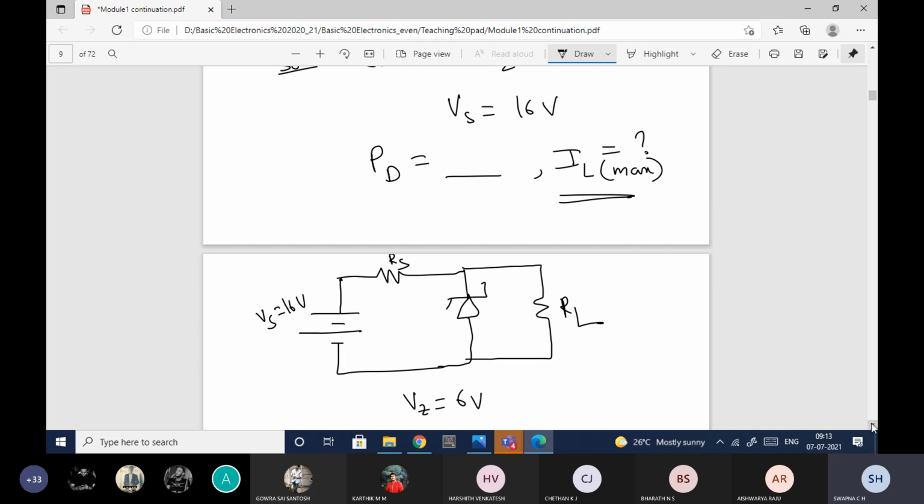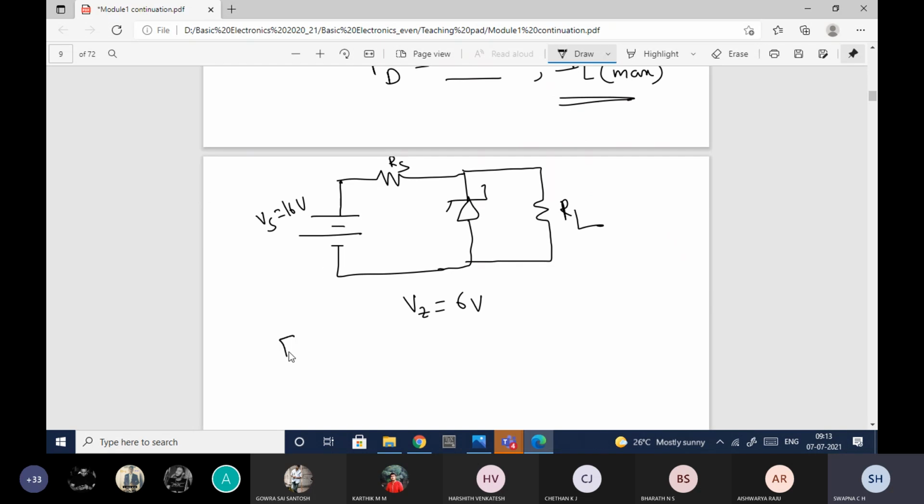From the data sheet, it is found that there is one diode which will provide VZ equal to 6.2 volts. Others are far away from this. Whichever is nearer to the condition he has mentioned, it is only 6.2 volts. And here there is one more condition.